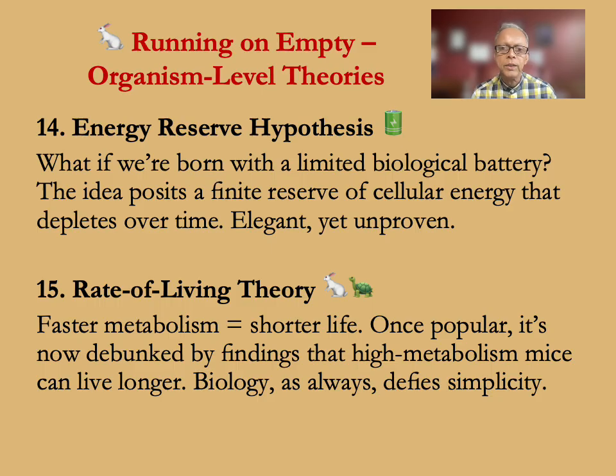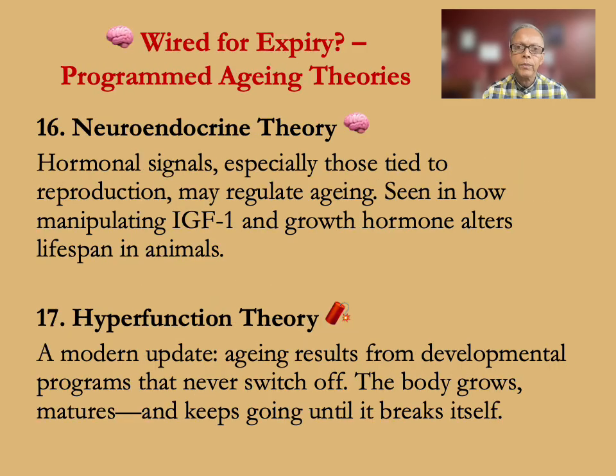The rate of living theory is the next theory. Faster metabolism, shorter life. Once popular, it's now debunked by findings that high metabolism mice can live longer. Biology, as always, defies simplicity. The 16th theory is the neuroendocrine theory.